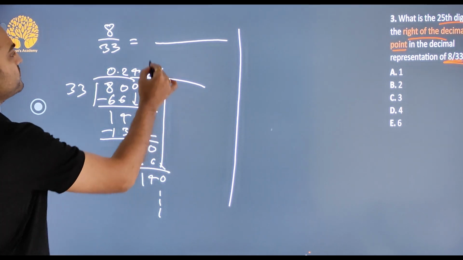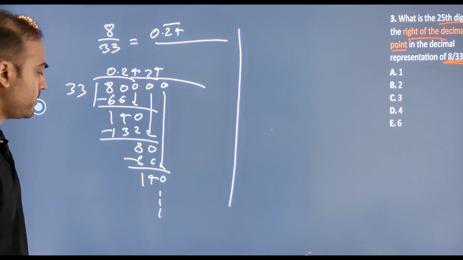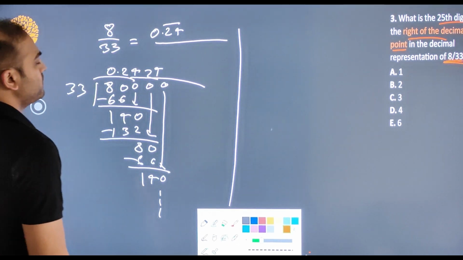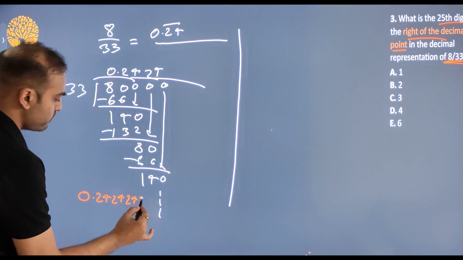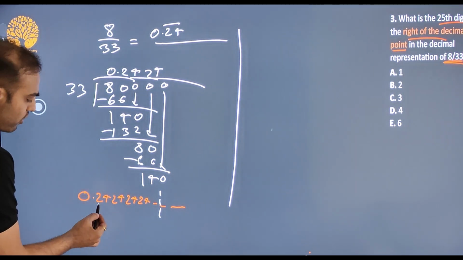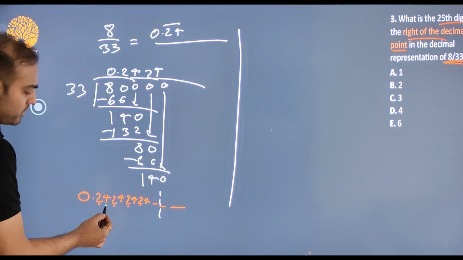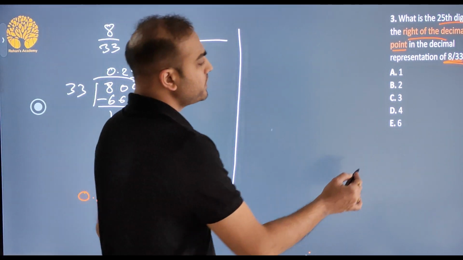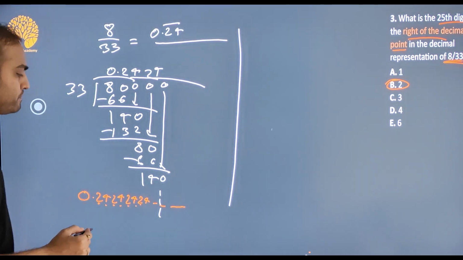So you realize this is 0.24 bar. That means the answer is 0.24242424 and so on. All the odd digits are 2, all the even digits are 4. So since we want the 25th digit, that will be 2.